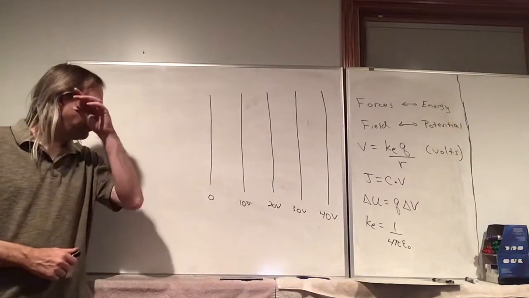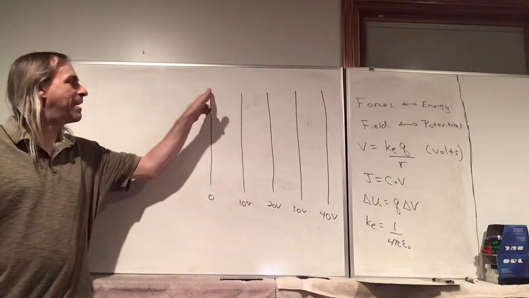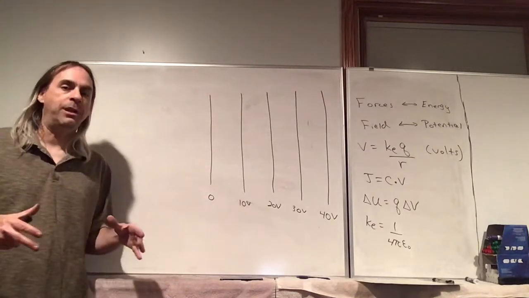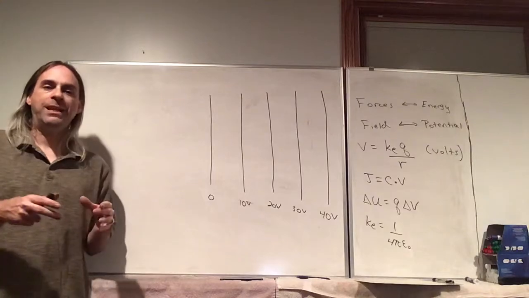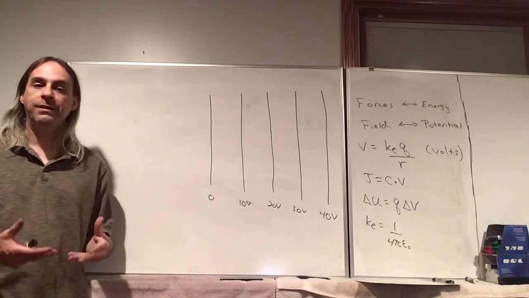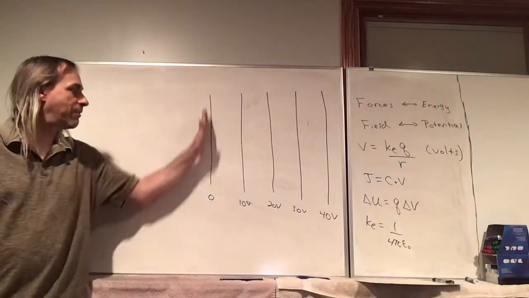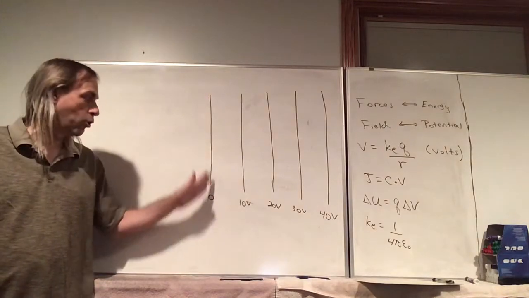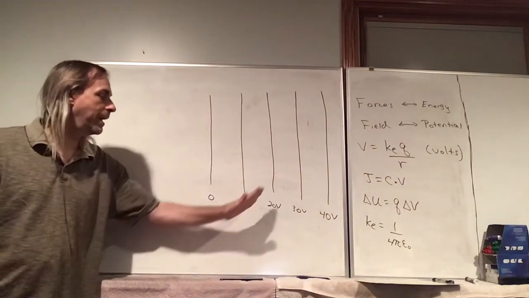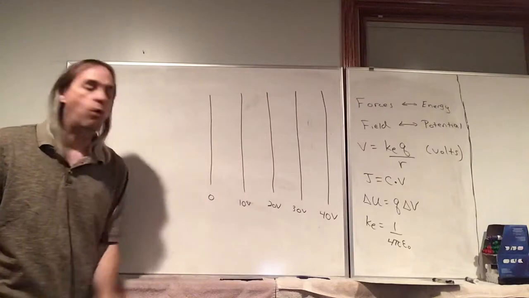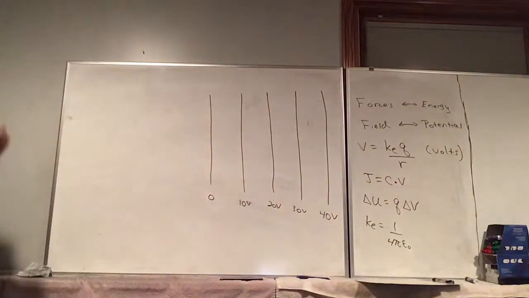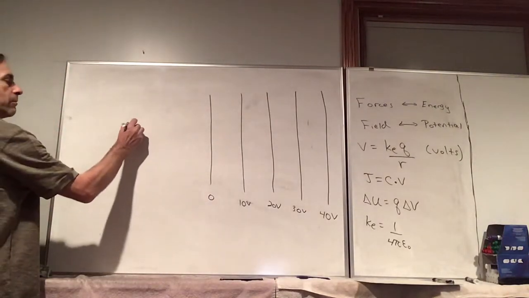And so basically what that means is every point, when you have an equipotential region, that just means that every point in that region is at the same potential. So like on this line, everything is at 0 volts. Here everything is 10, here's 20, 30, and 40. And let's say we have a positive charge.